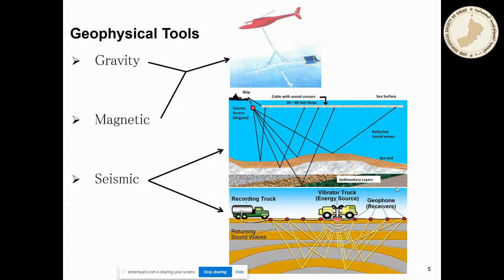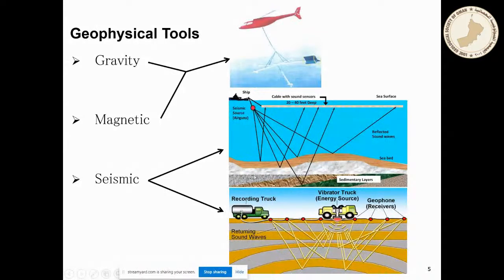So we usually use airplanes to acquire this data, and seismic, whereby we use either vessels or ships to acquire seismic offshore, whereas onshore we use vibroseis trucks, basically to hammer the ground and produce signals, and then we use other trucks to record the signals, which are usually captured by what we call geophones or the receivers.